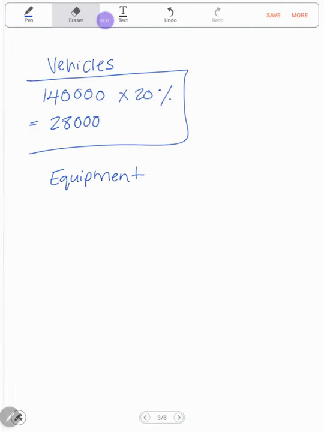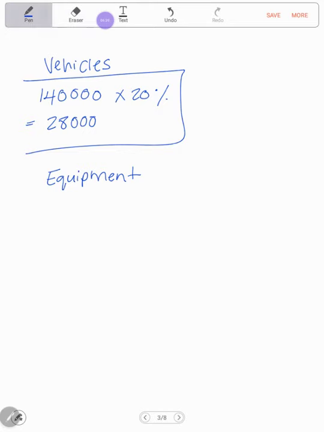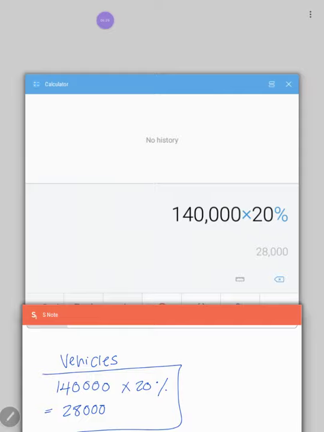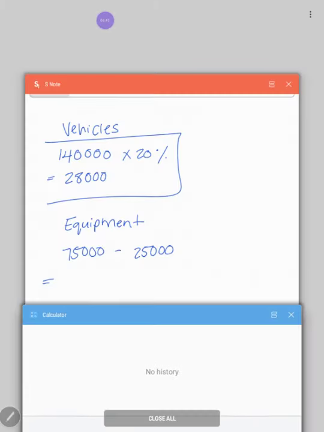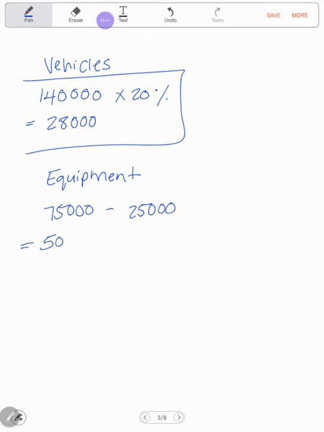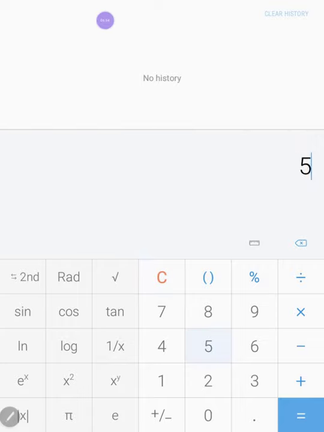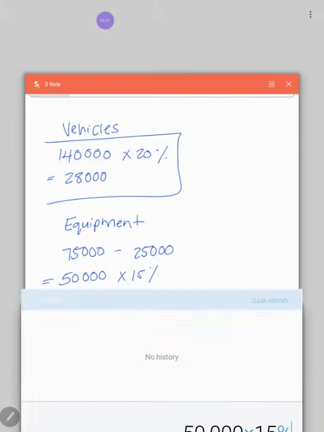So 75,000 minus accumulated depreciation of 25,000. That should give you 50,000 Rand as your carrying value. 50,000 times 15%, and we get depreciation of 7,500.